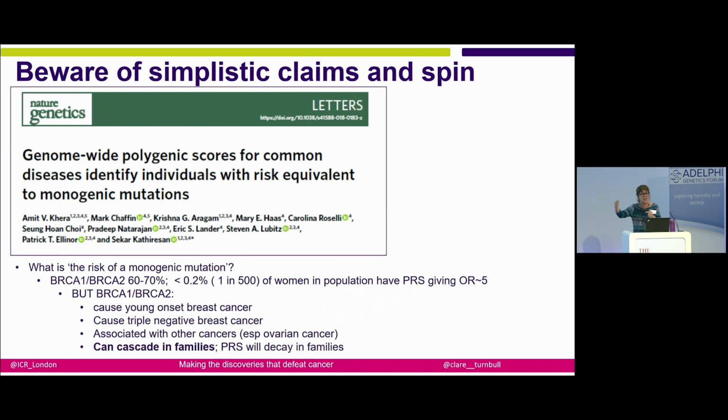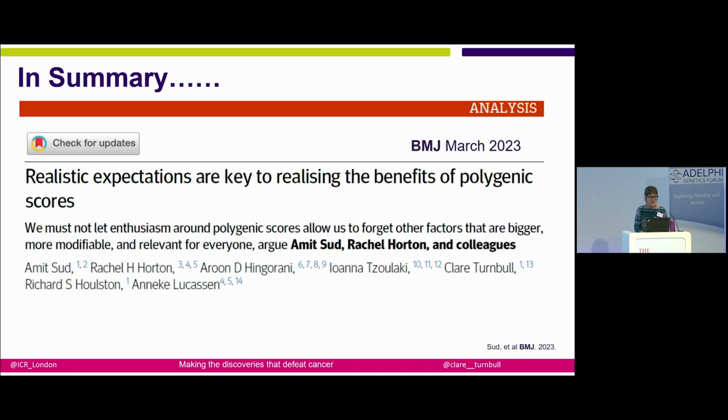And also you can cascade in families, and the health economics of rare diseases are often the familial implications. And of course, PRS decay, so they're not useful for testing across families. So again, these simplistic claims do need a little bit of thought before they're put out there.